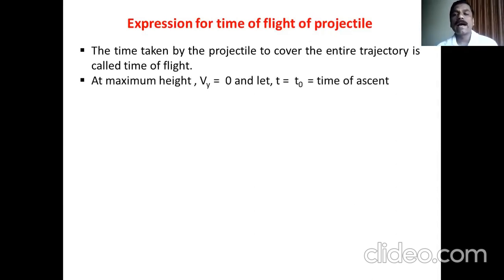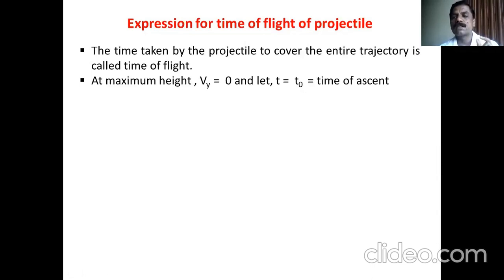Now, if we find the time of ascent, then we can easily make an expression for the time of flight. So if we consider the maximum height position, then the velocity becomes 0, vy is equal to 0, and the time required for this, the time of ascent, is denoted with T0.